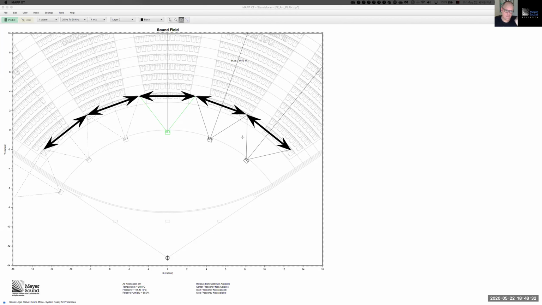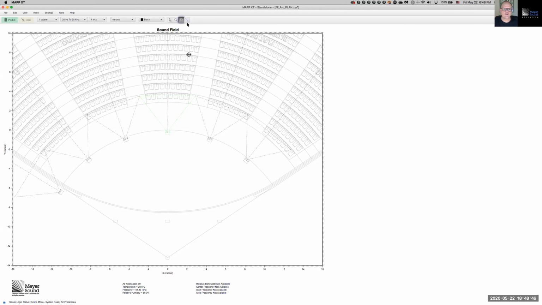And strictly speaking, I have one loudspeaker too much, because one loudspeaker over here fell out of the boat. So why don't we fix that by selecting all our loudspeakers at once? We're going to go to our pivot tool, and we're just going to rearrange those guys in one go and maybe do this.